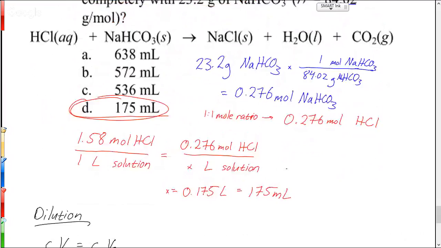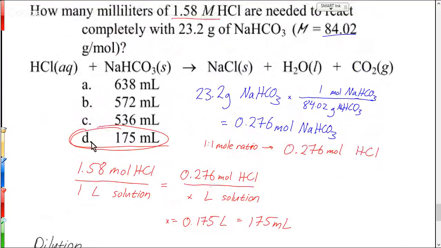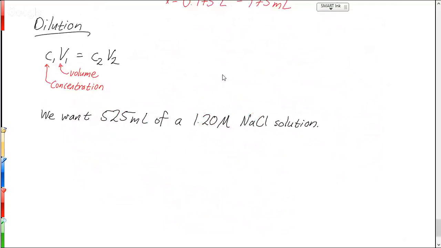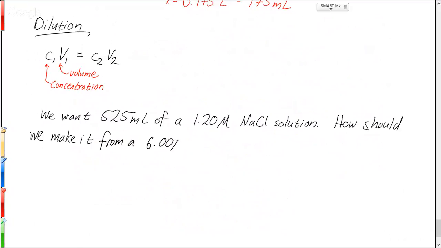That's like what's happening up here. So say you're doing a reaction, you need a certain volume of a certain concentration of solution. How should we make it? From a 6 molar stock solution. So this is how you would typically do this sort of thing.